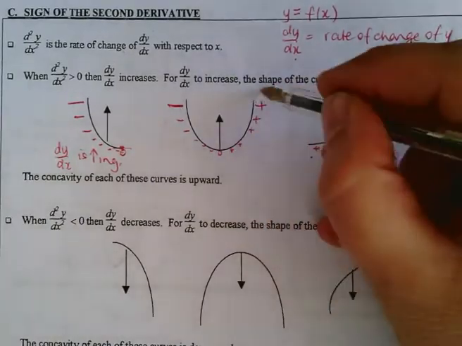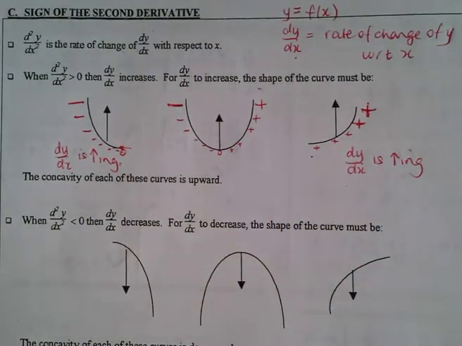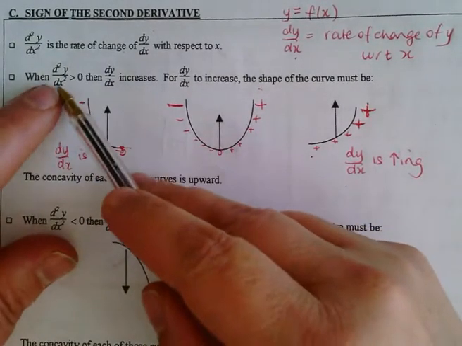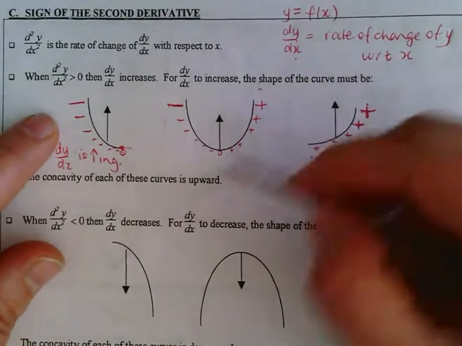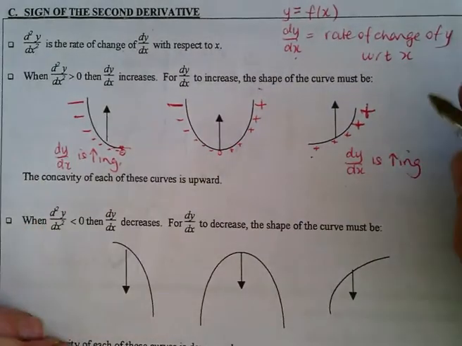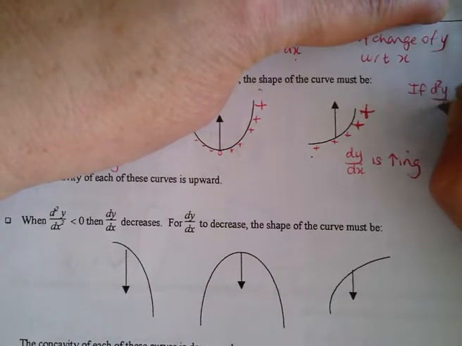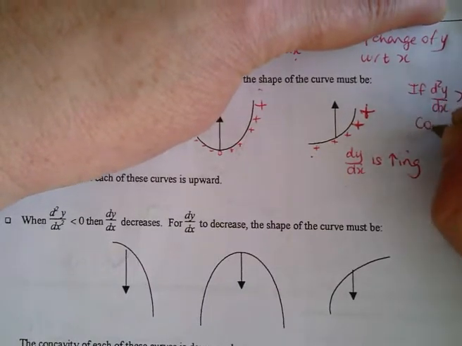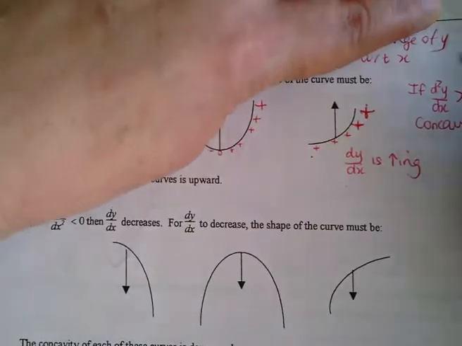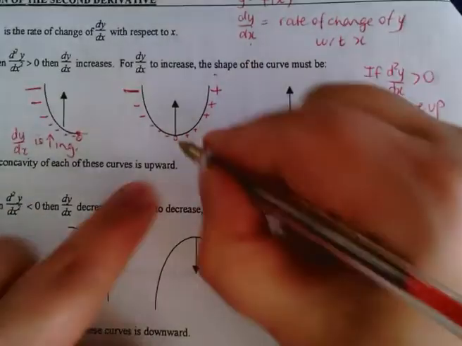Now look at that. That's what we call concave up. So if the second derivative is positive, concave up, smiley face. So this is what we say: if the second derivative is positive, we have concave up. Actually, what can you see down here?